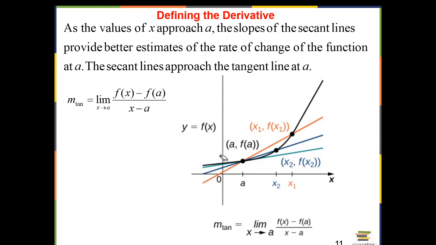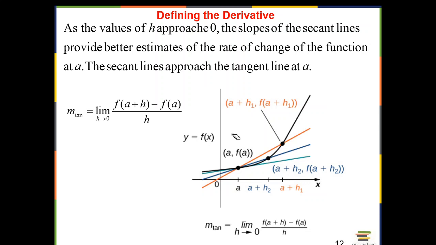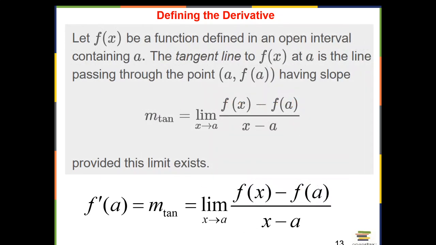If we use the other naming, where the first point is a and the second one is a plus h, then we let h go to 0. So there are two different ways to do that. Sometimes this is more convenient to use. For some functions, the other one is more convenient. All right, so that's the idea.